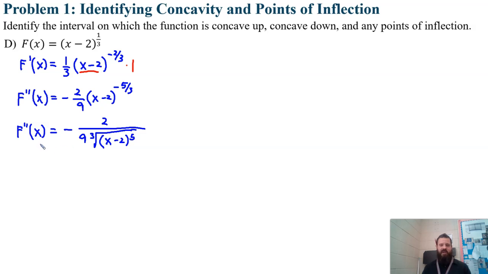So there's no values that make my second derivative 0. What we also want to look for there is spots where the function is not differentiable. In other words, where the second derivative is undefined. And for that, what we'll do is we'll look at our denominator and find where that's equal to 0, where we'd have division by 0 issues.